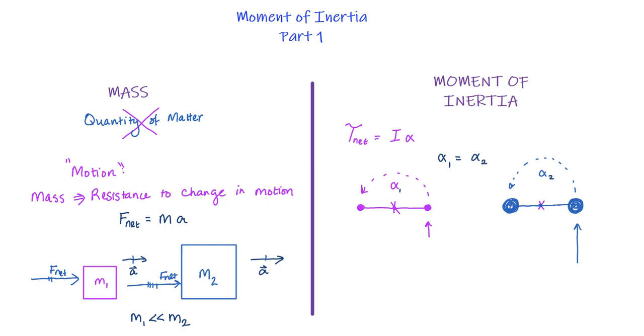Now, if I look at it from this perspective, the same idea that I was showing here, I am going to need to use proportionally more torque in order to achieve the same angular acceleration, because this object has greater resistance to the rotational change in motion.